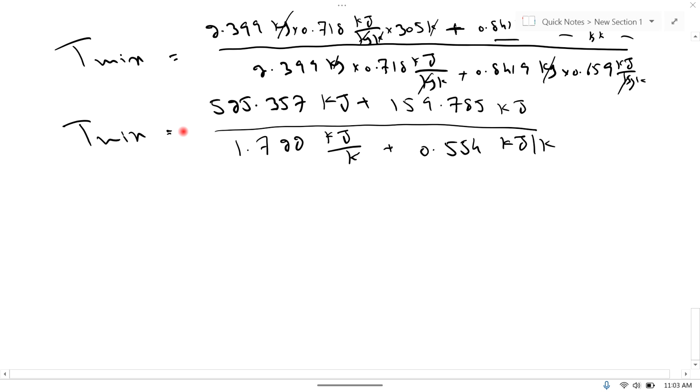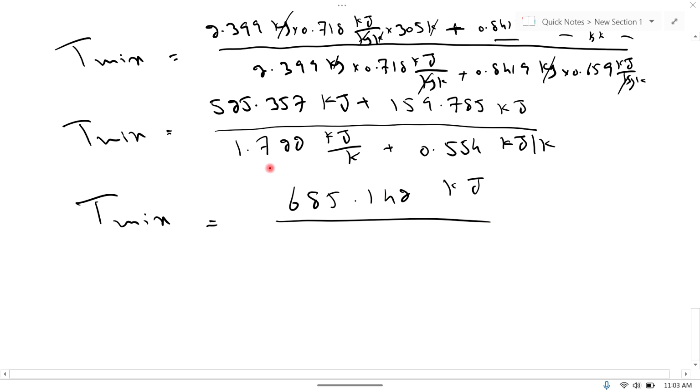Now further simplify this. So T of mixture, add the above two values which is equal to 685.142 kilojoule divided by add two values in denominator which will be equal to 2.276 kilojoule per Kelvin.